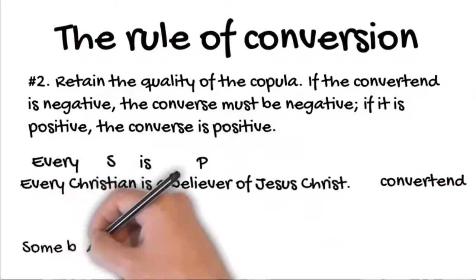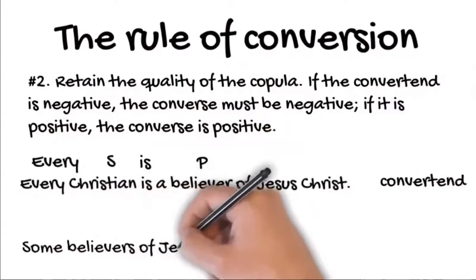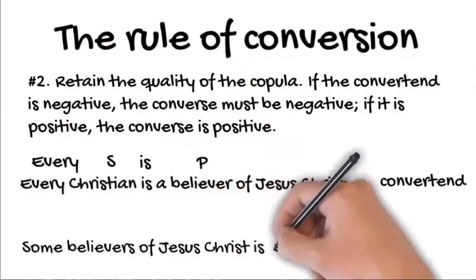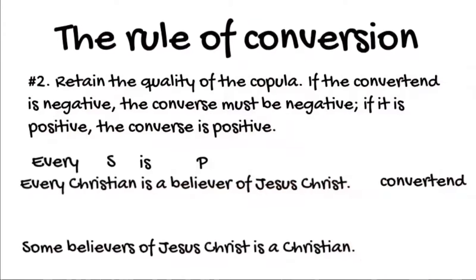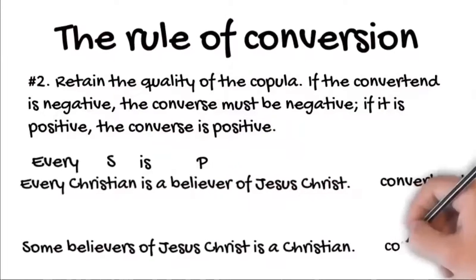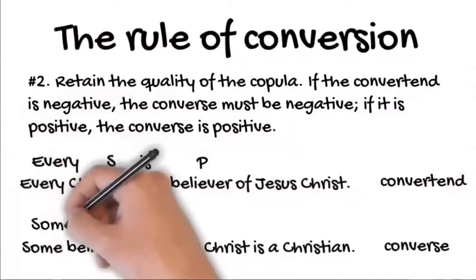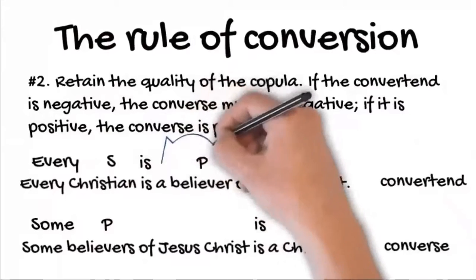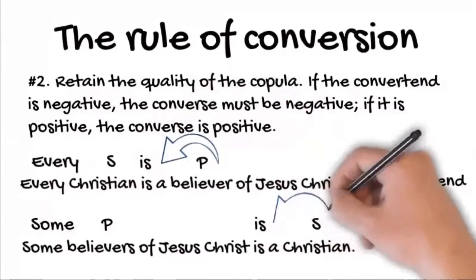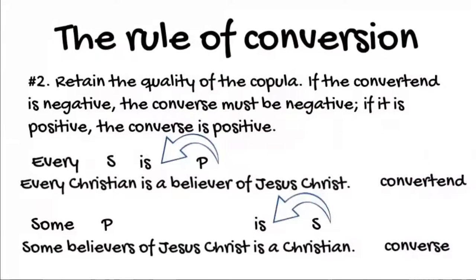So in our converse, it should be retained. That's why we have the converse proposition, some believers of Jesus Christ are Christians, whose quality of the copula is retained.